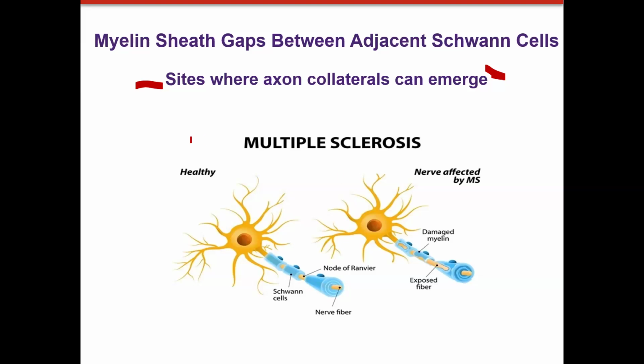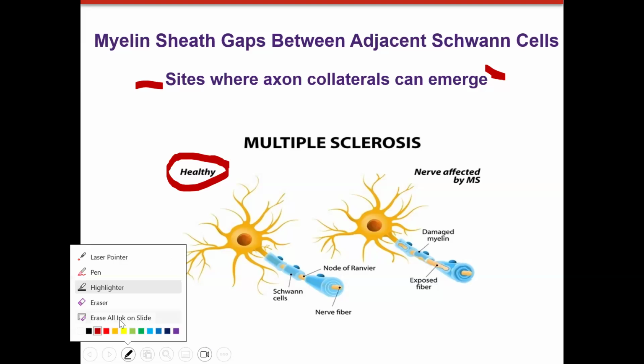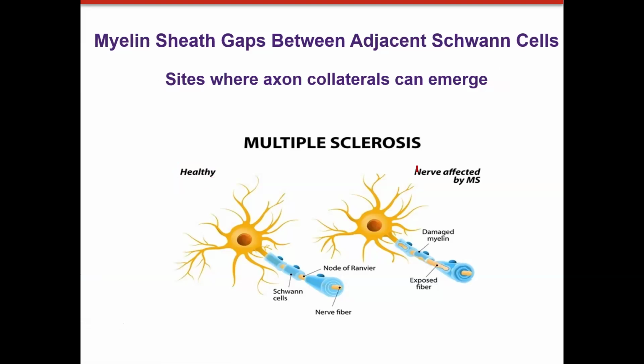So what happens here with multiple sclerosis? Okay, we see a healthy nerve example over here, and then we see a nerve over here affected by multiple sclerosis. Notice the damaged myelin here.